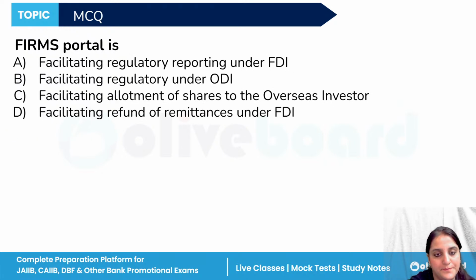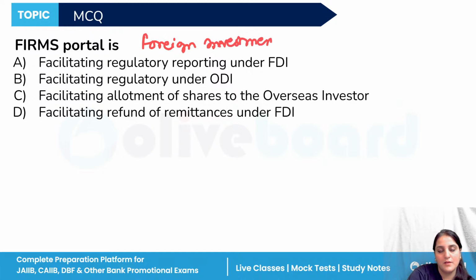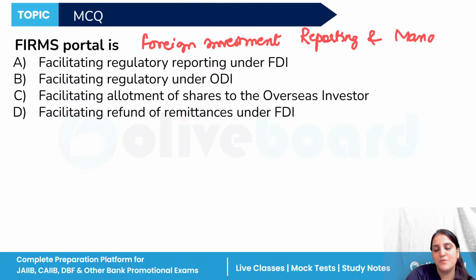FIRMS portal. FIRMS portal, Foreign Investment Reporting and Management System.